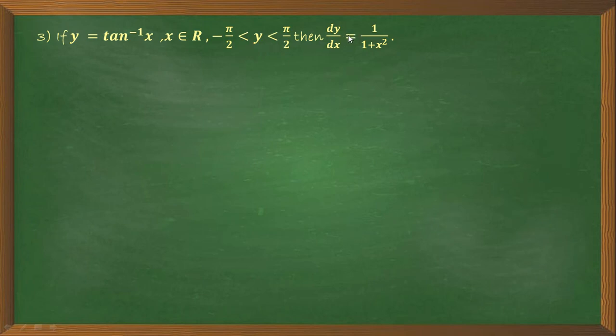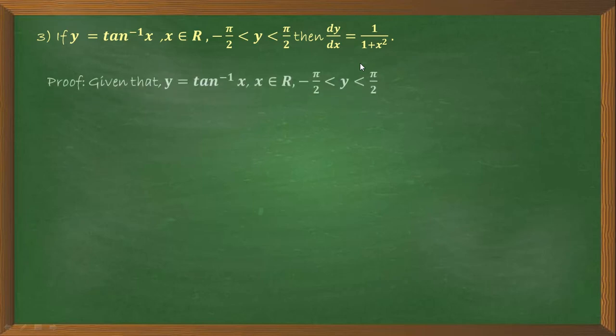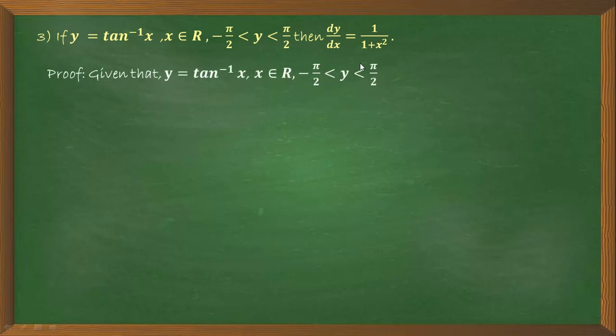Then the derivative of tan inverse x is 1 upon 1 plus x square. That we have to prove. Again in the same way, first we write the given condition: y equal to tan inverse x, x belongs to R, and minus pi by 2 less than y less than pi by 2.